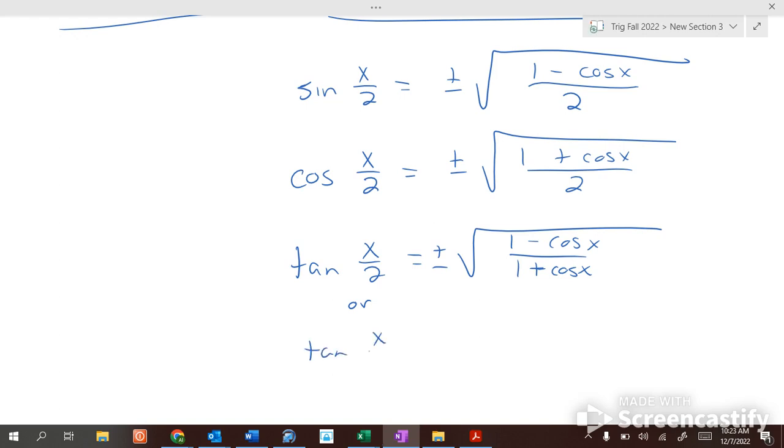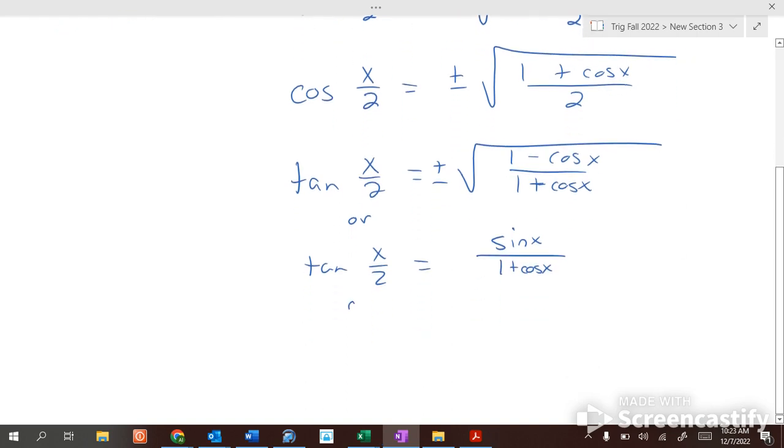The tangent of x over 2 equals sine of x over 1 plus cosine of x, or tangent of x over 2 equals 1 minus the cosine of x over the sine of x.